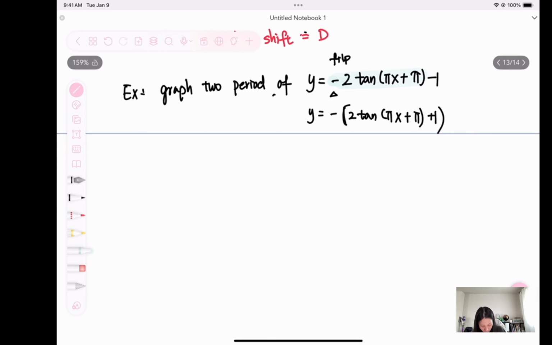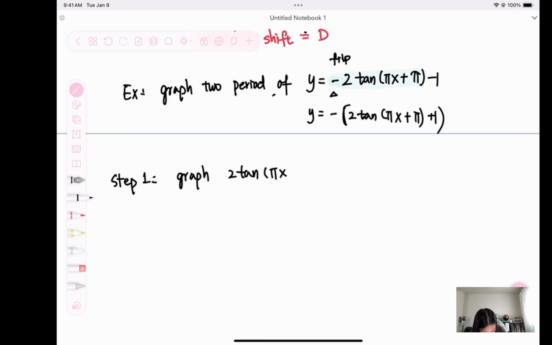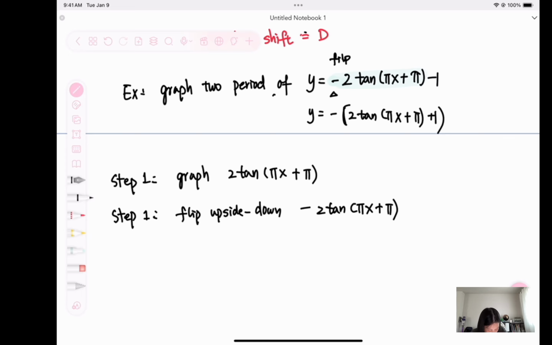So the first step, step 1, you want to graph 2 times tangent of (pi x plus pi). And then step 2, you want to flip it upside down. That gives you negative 2 times tangent of (pi x plus pi).